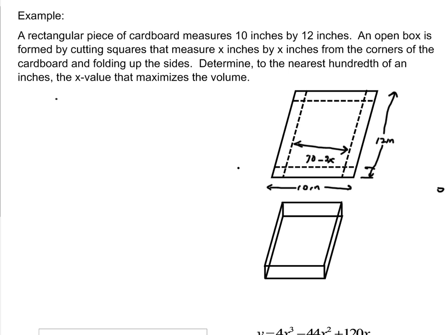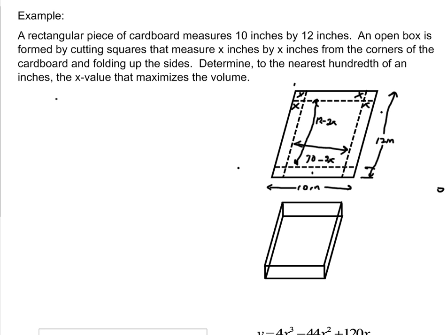And if we go up, bottom to top right here, we would have to take 12 minus 2x inches. Why? Well, remember that each of the corners themselves are x inches here. Right? If we take each one of these, we're cutting out an x by x corner in each side. So each side right here is going to have an x inch corner cut out. Right? So it's 2 x's on each corner.